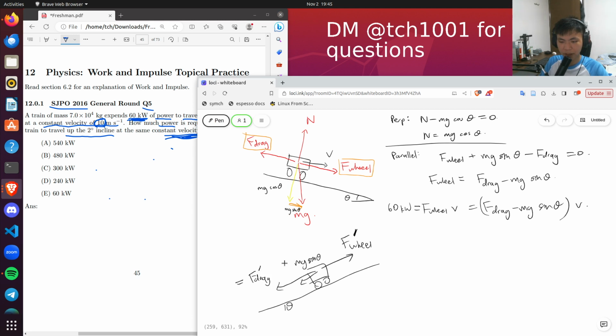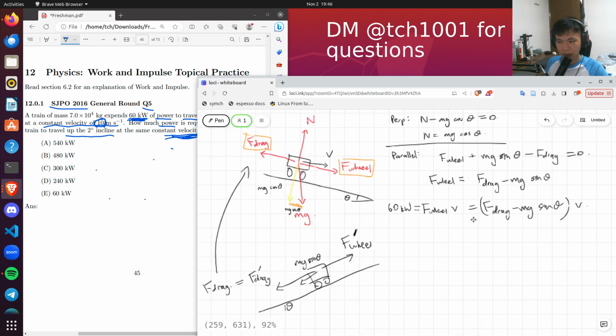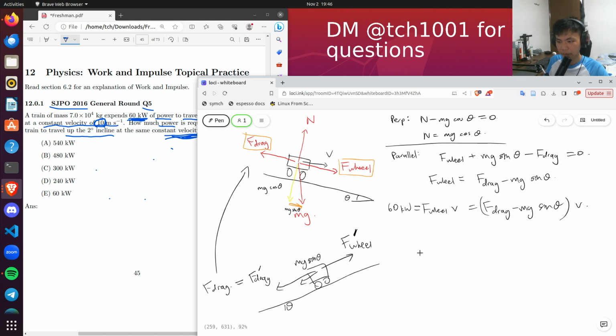So this F drag in the second scenario, going uphill, which is trying to prevent you from going uphill, is actually the same drag force as in the first scenario going downhill. So basically, I'm now asking, what is F wheel prime times V? I'm asking what is this quantity.